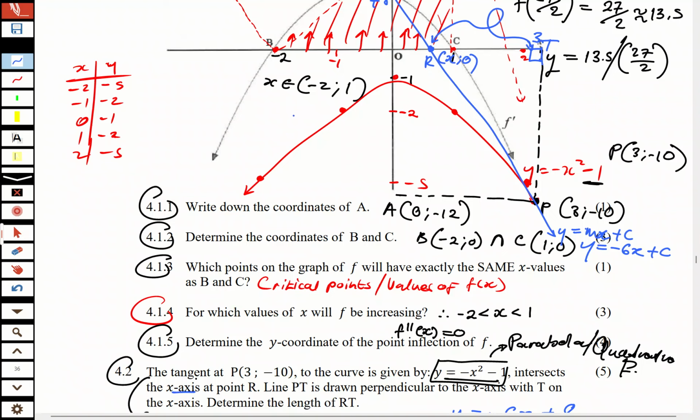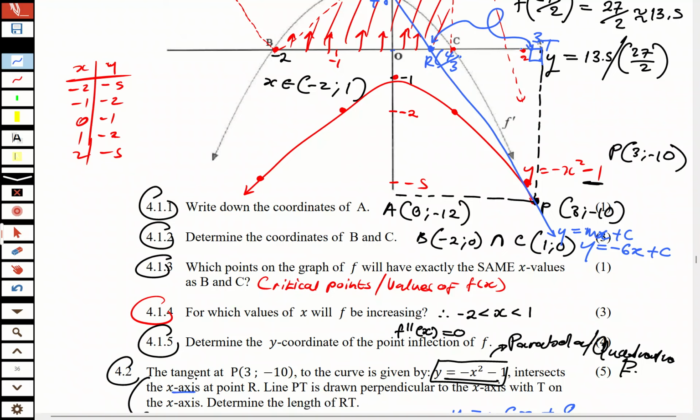So now you no longer have just x there. You have R, which is the coordinate there now. So we have the coordinate of R. It is going to be 4 all over 3. Don't worry about finding the y value there, it is 0. Now, they want us to find the length RT. From 0 to R it is 4 over 3, and from 0 to T it is 3.